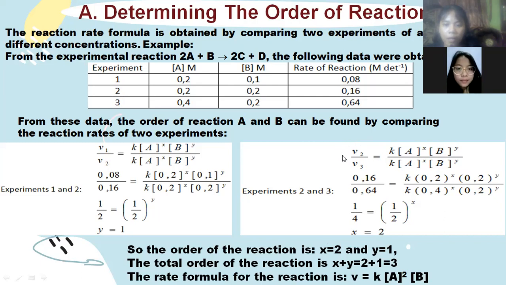We know the rate of reaction for the second experiment is 0.16 and for the third experiment is 0.64.